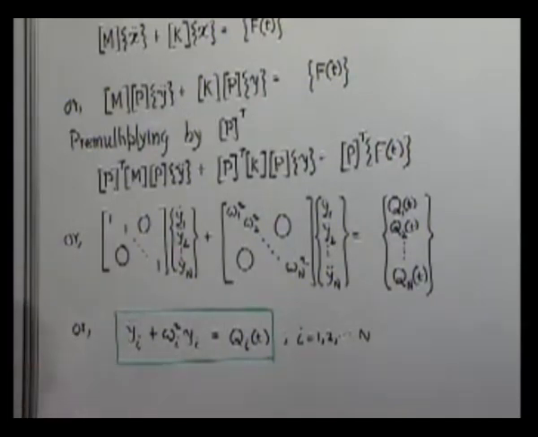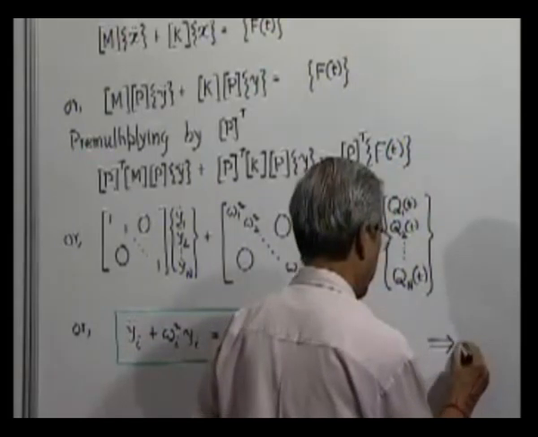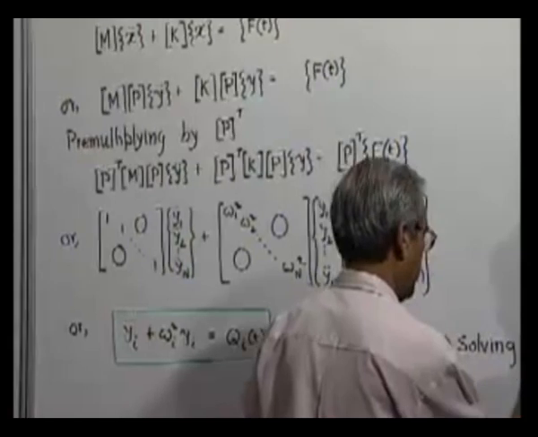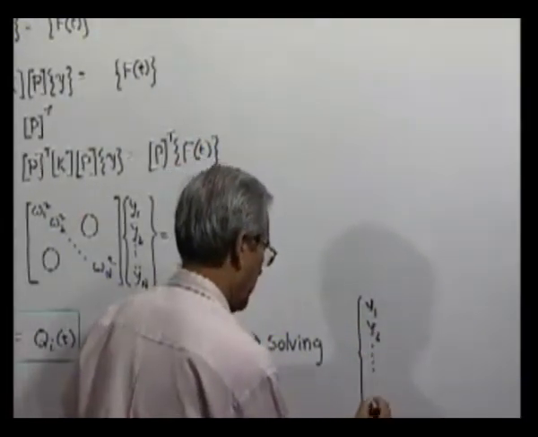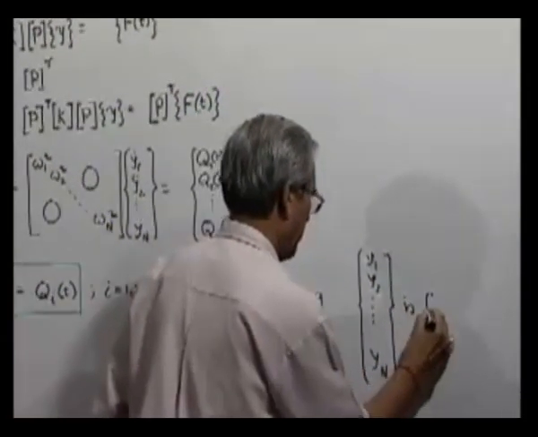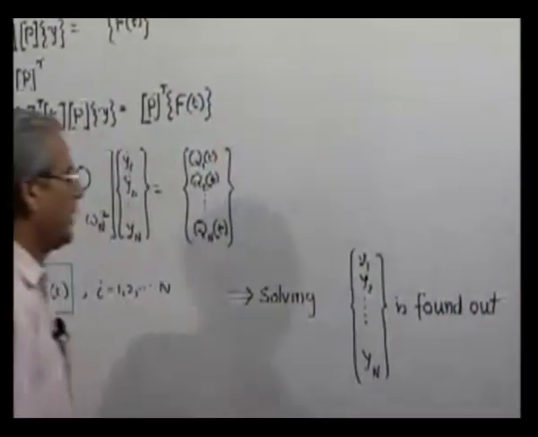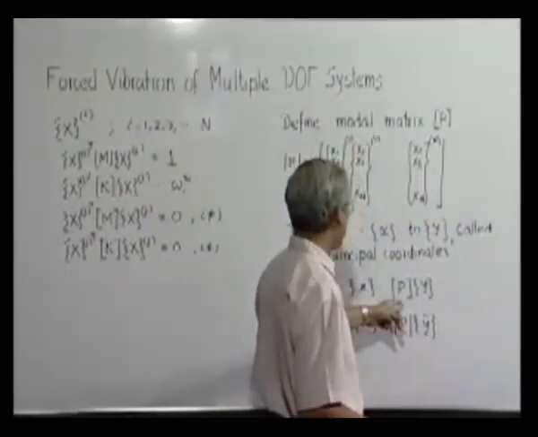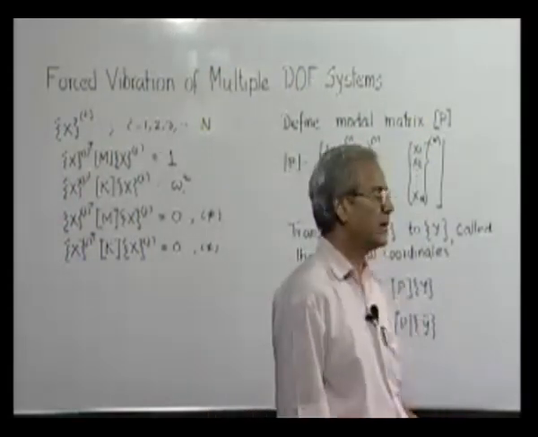Once we find out y, once y is found out, we pre-multiply that by the P matrix, and then we get the actual solution wanted, in terms of x.